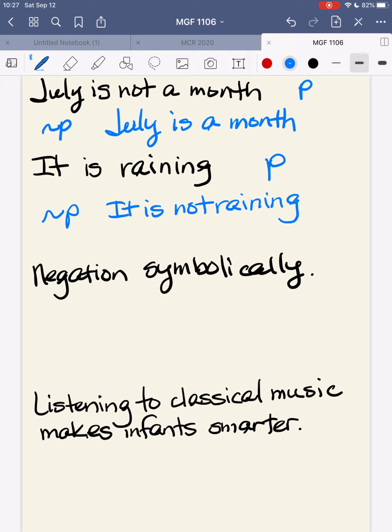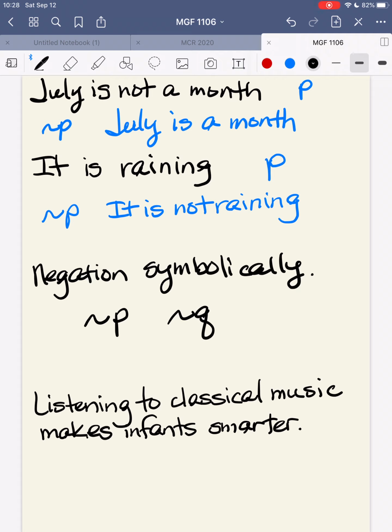Like I said, it's always the negation symbol, not p or not q. It comes up in compound statements a lot, and we'll see that very shortly in the next section. But just get used to the idea that a negation is going to happen.